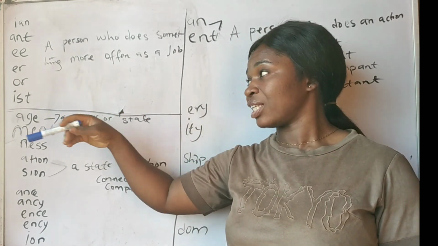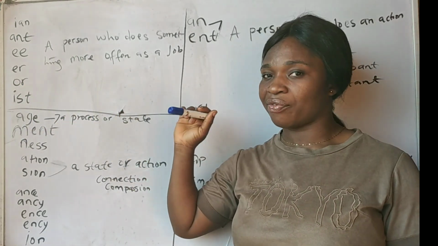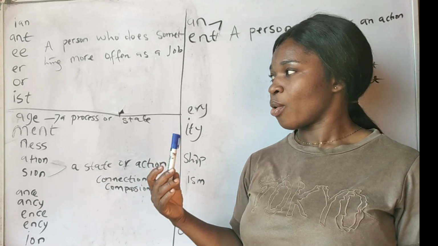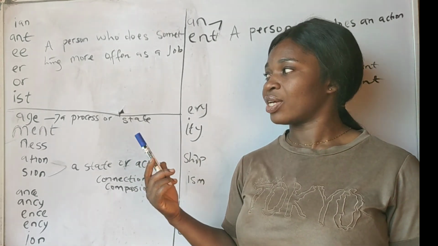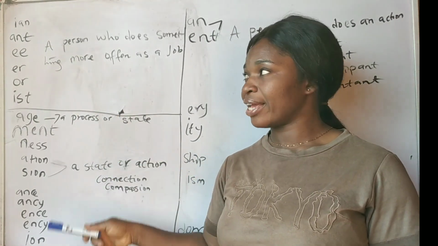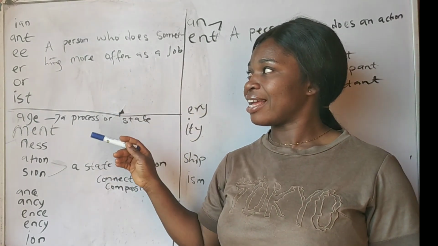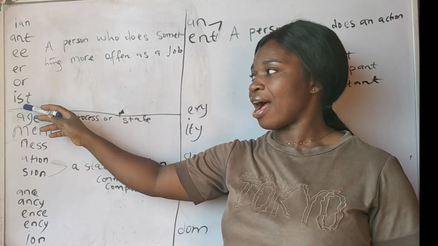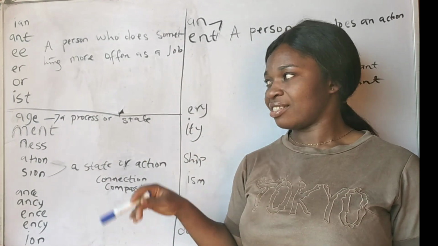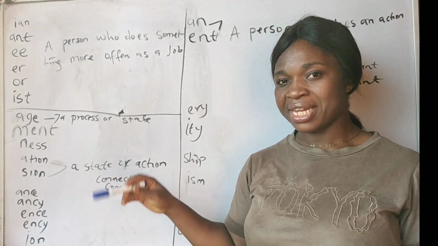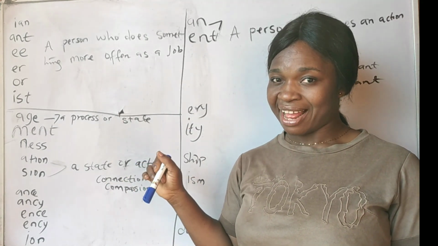We've done that before. Now we have OR. We have done that as well. IST. We have, for example, the dentist, the oculist, the psychologist. So IAN, ANT, double E, ER, OR, IST are usually the suffixes we add to verbs, and that transforms them into a noun. Do we get that?